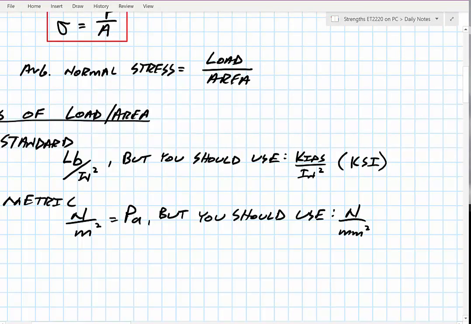Reason being is most of our measurements, when we're designing things, meters are just too big. You end up with so much scientific notation within your equations, it becomes confusing. So stick with millimeters, and a newton over a millimeter squared, you could probably do the math yourself, but we end up with a megapascal.